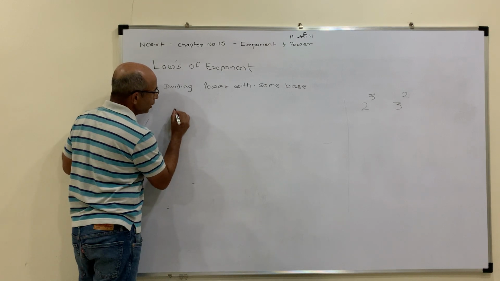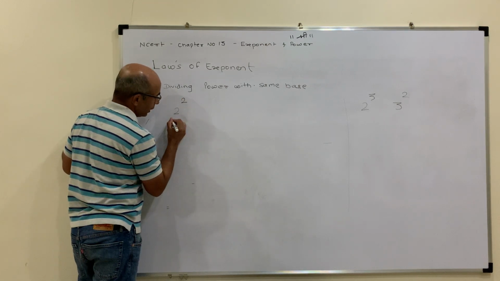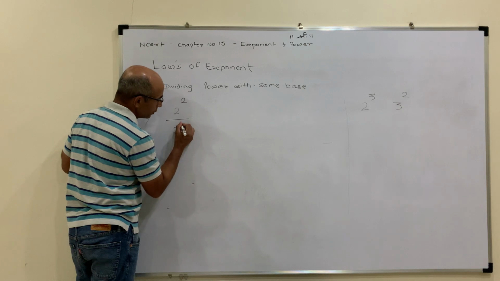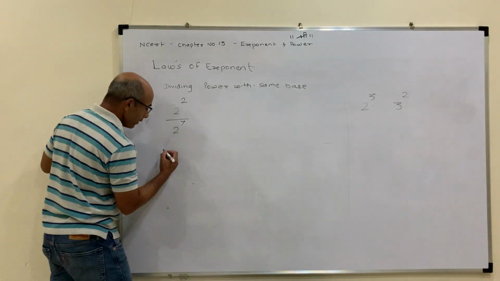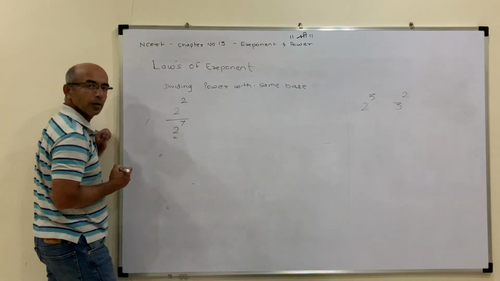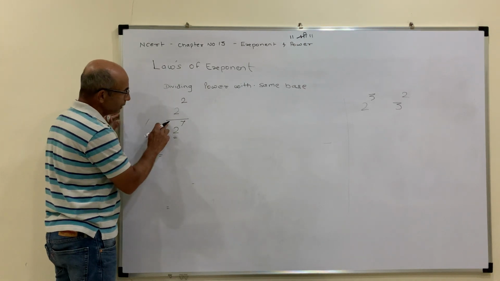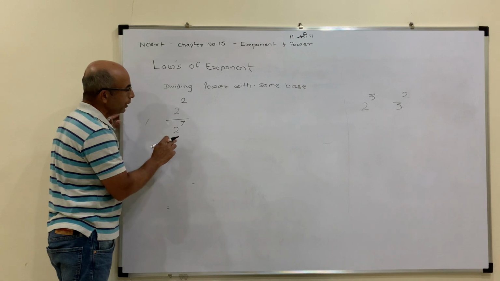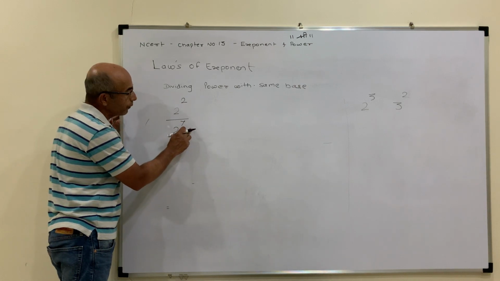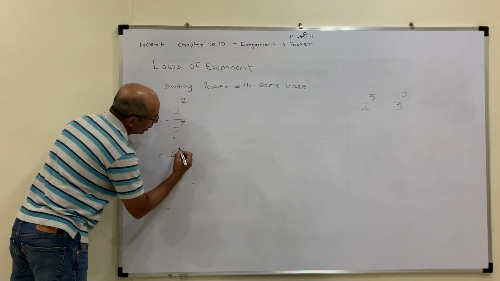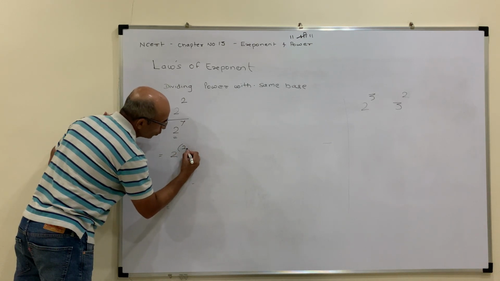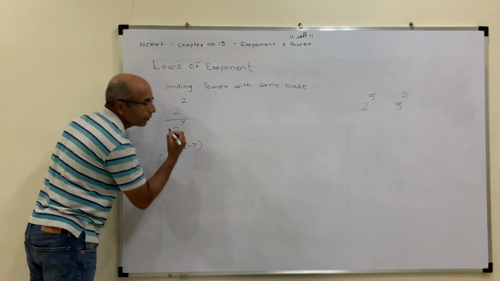So if I say 2 raised to 2 divided by 2 raised to 7. Now what is the rule I said? When the base is the same and division is the operation, what will you be doing? You will be subtracting the power of the denominator from the numerator. So what you will be doing? 2 raised to 2 minus 7.